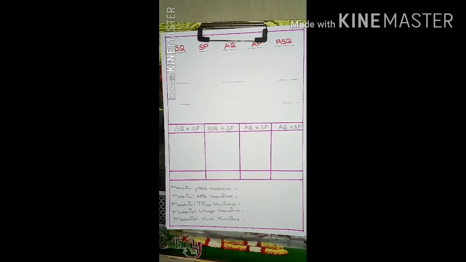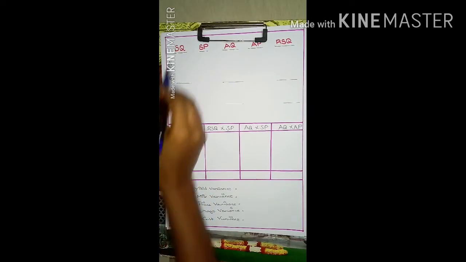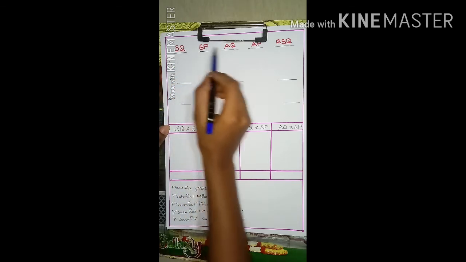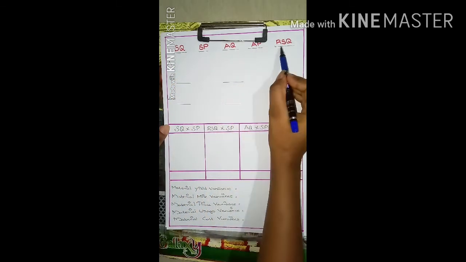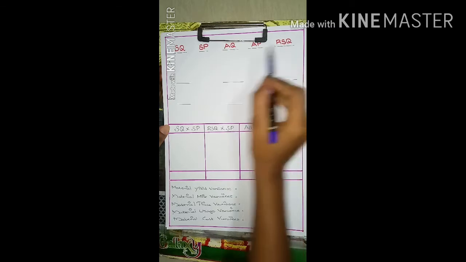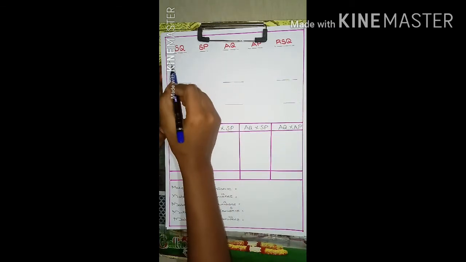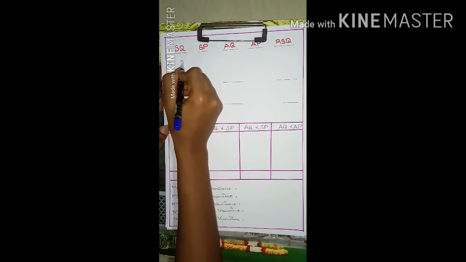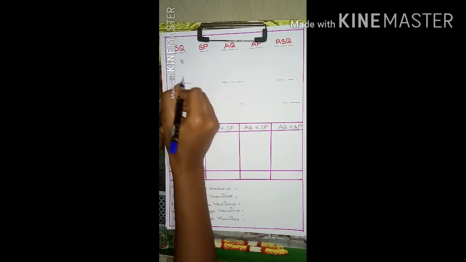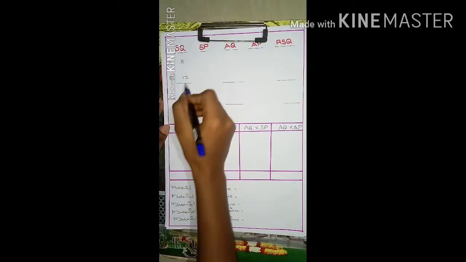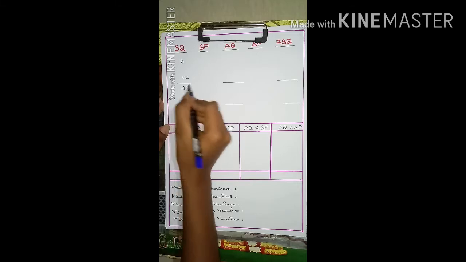Okay, let's first write the given data: standard quantity, standard price, actual quantity, actual price, and revised standard quantity. First, standard quantity of A is 8 tons and standard quantity of B is 12 tons. Therefore, the total makes 20.